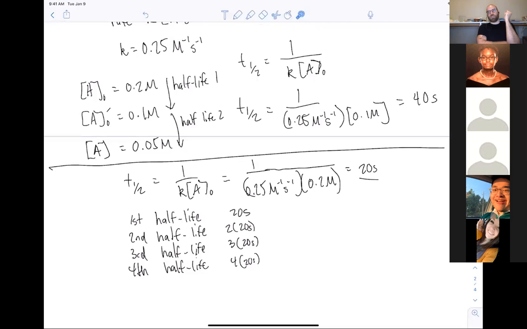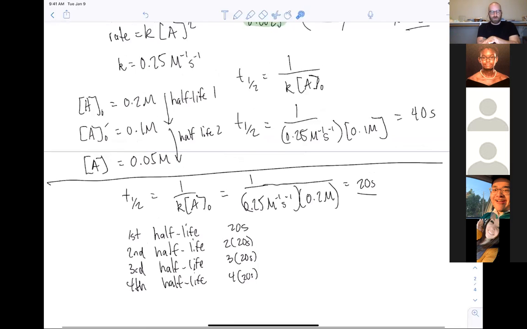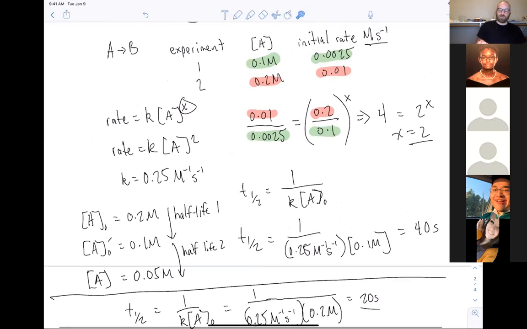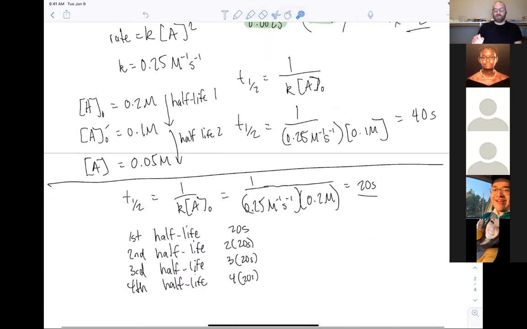In experiment 2, you're talking about the initial concentration. So in the first problem, the initial concentration is 0.2. In the second problem, we're talking about the second half-life, so the initial concentration is now different because you're talking about it after it's happened. I know it looks like you're plugging in the same value. You can put a prime on there. That's why I put that prime up here, so that there's not as much confusion in terms of the algebra.